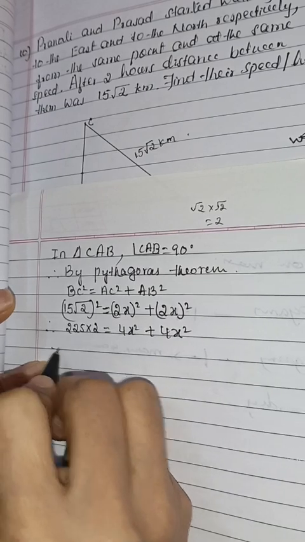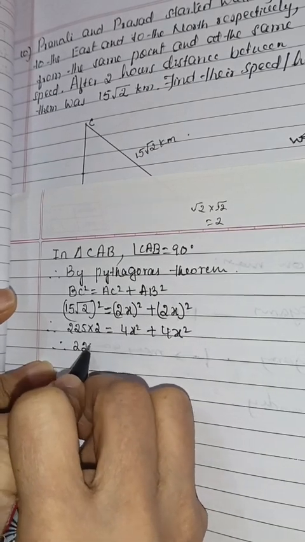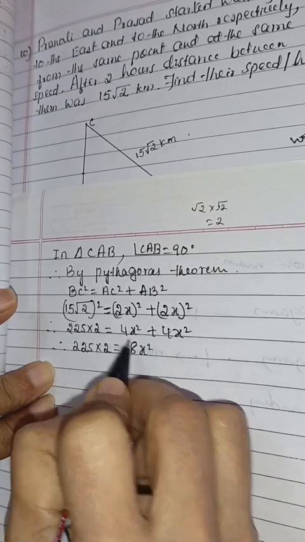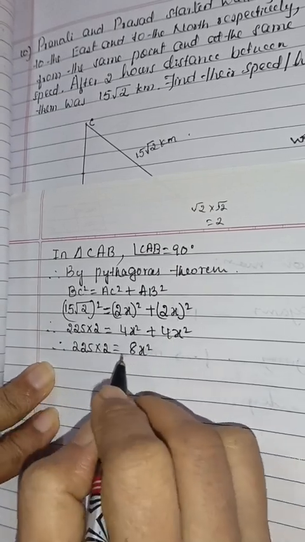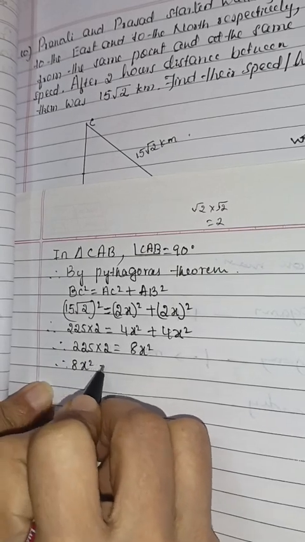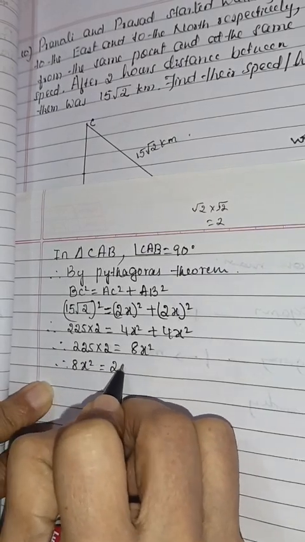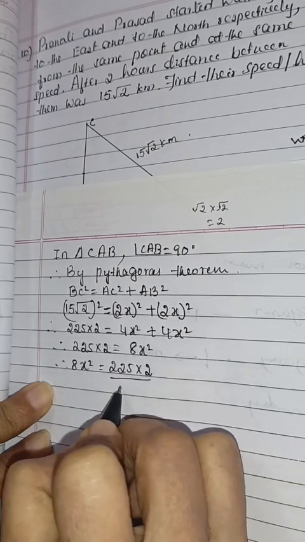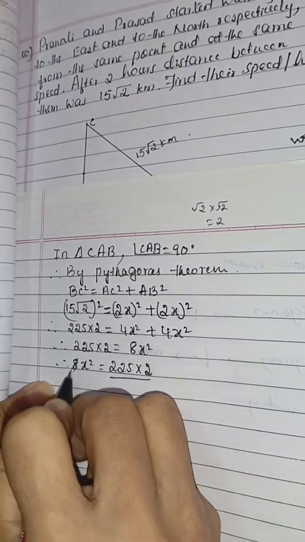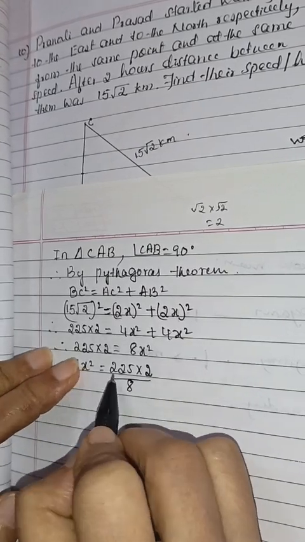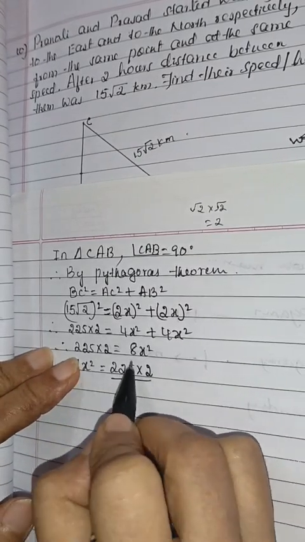This is 225 into 2, equals 8x square, since 4x square plus 4x square is 8x square. Therefore 8x square equals 225 into 2, so x square is 225 into 2 by 8.